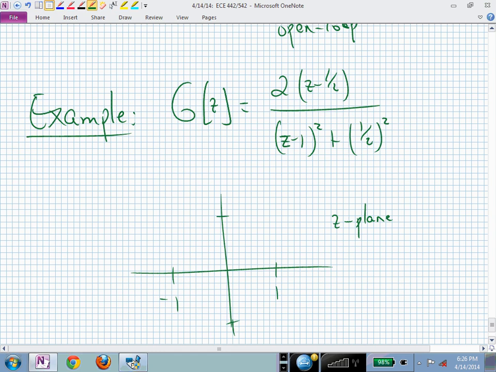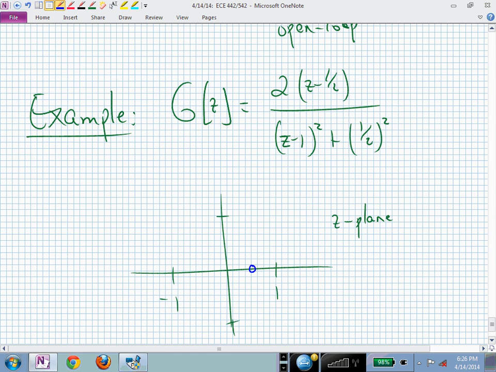So, where do we put these x's and o's? Answer the easy one first. What's easy to put down? You have a 0 at 1/2, don't you? Positive 1/2. That's the value of z that causes that numerator to vanish.